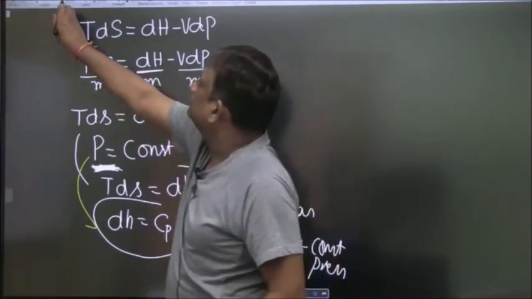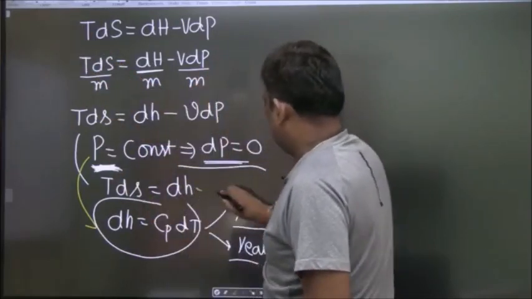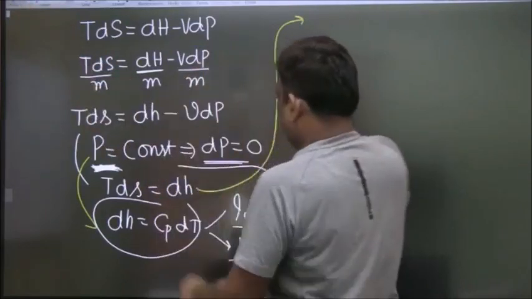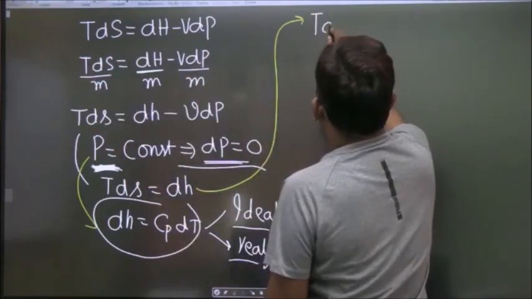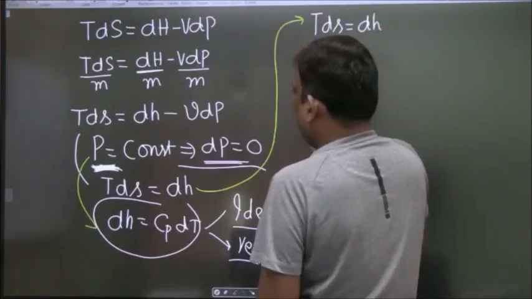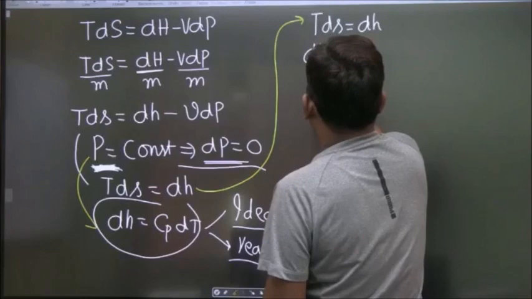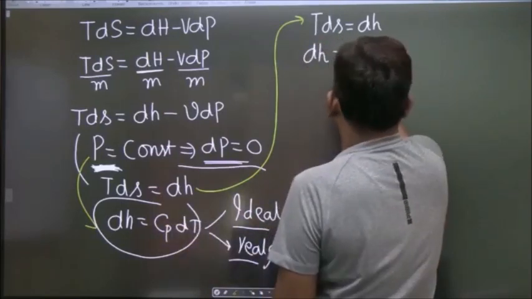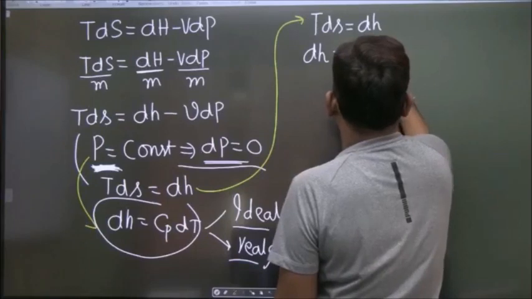So now let's use this equation. TdS is equal to dH, but everyone knows dH is equal to Cp dT.